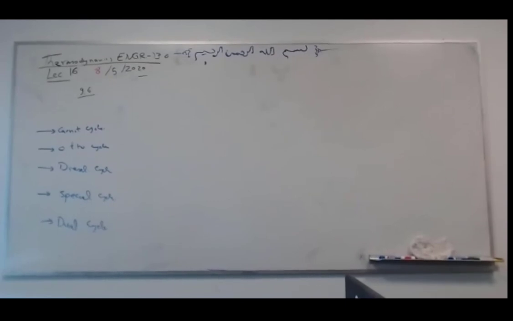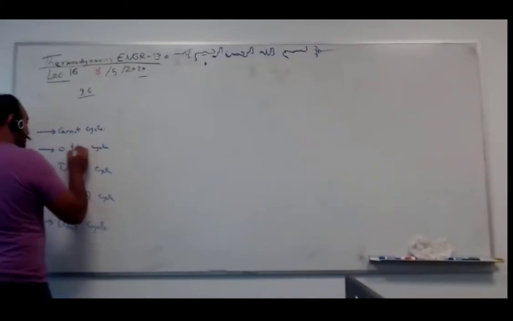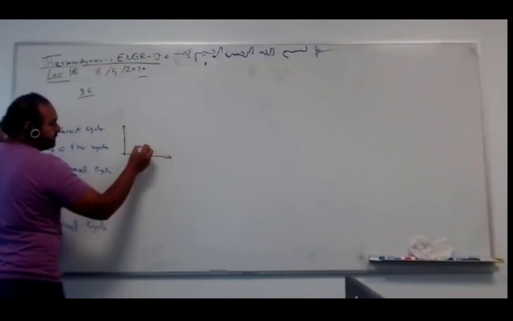If you have a curved process, you need to write what it is, like isentropic in the PV diagram. But in the TS diagram, don't write isentropic. It's vertical, I know it's isentropic. But if you have a slope, like slanted, you need to write. For example, the Otto cycle in the TS diagram is like this.